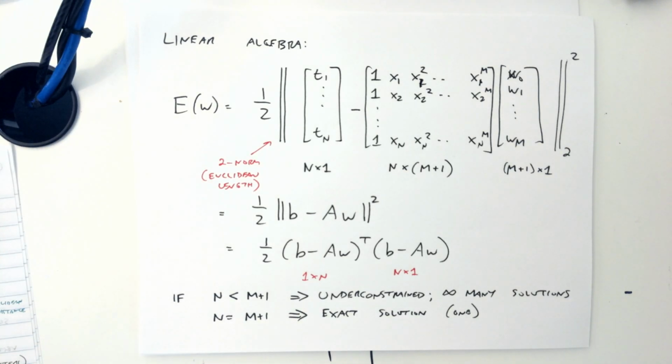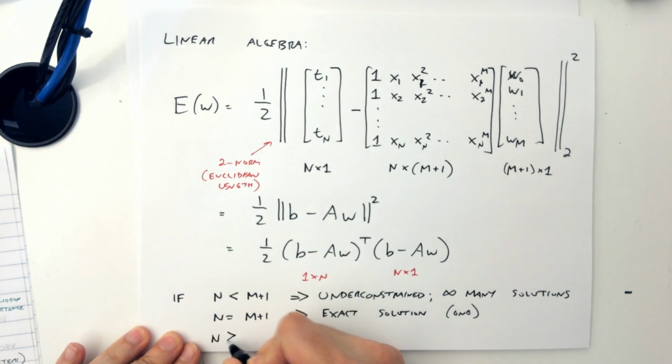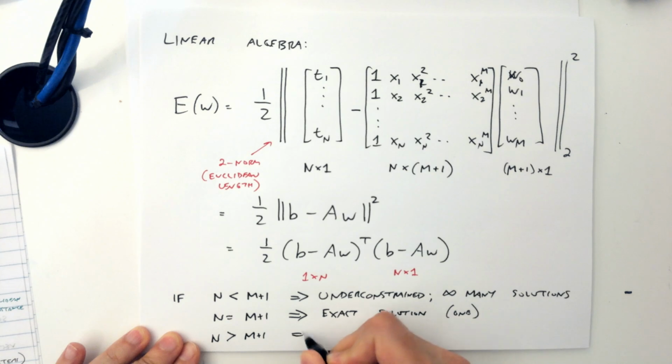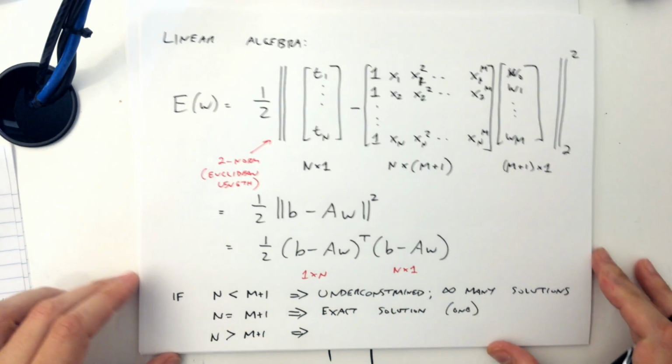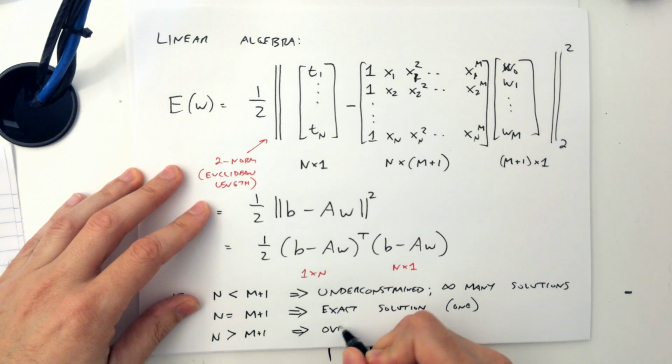And if I have more data than I have parameters, it's really not possible to satisfy all these equations at the same time, right? If I gave you 3 points and asked you to fit a line to them, there's no guarantee that those 3 points are on a straight line, right? You're going to have to find the best line, and we'll talk about what best means in a second. So if n is greater than m plus 1, this is what's called over-constrained.